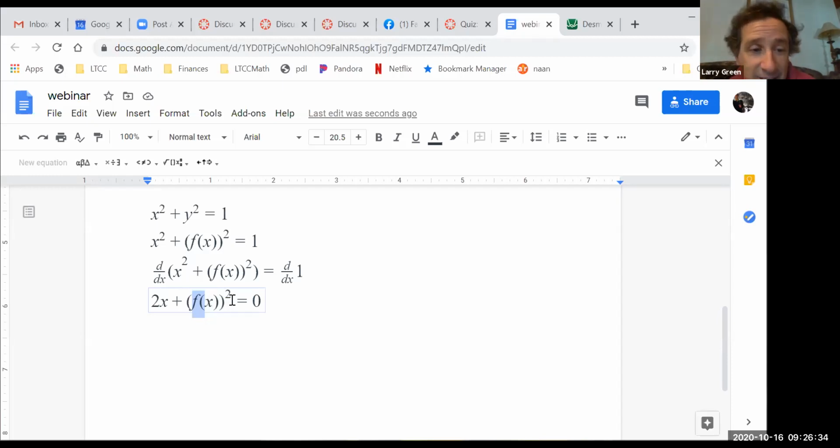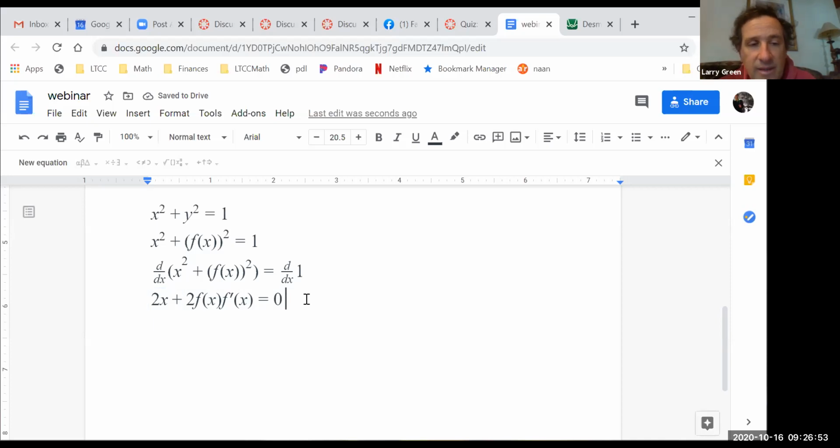But what we can at least do is we can write it down as f prime of x. Do I know it? I don't know it, but I know the symbol for it. And then what's the derivative of something squared? It's 2 times the something. Any questions on that?